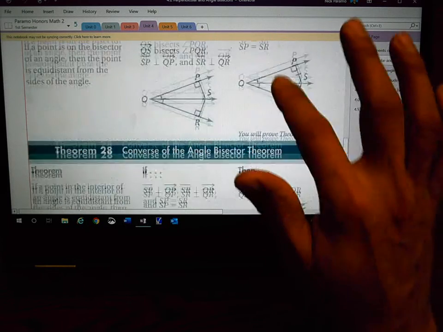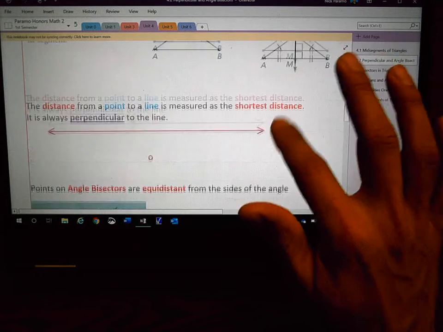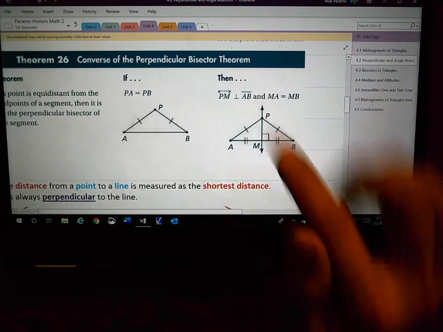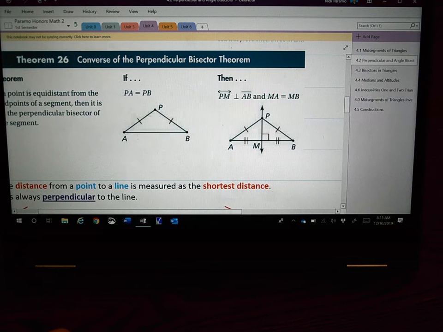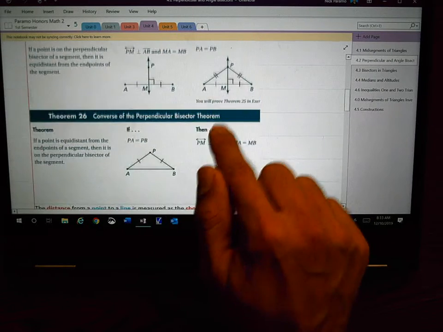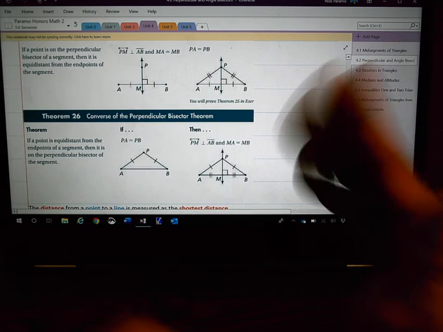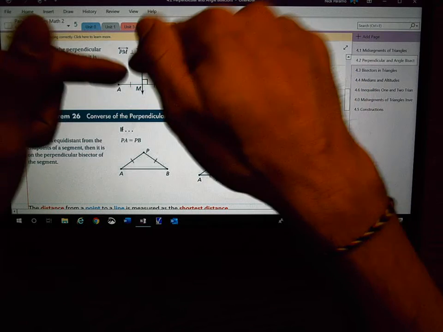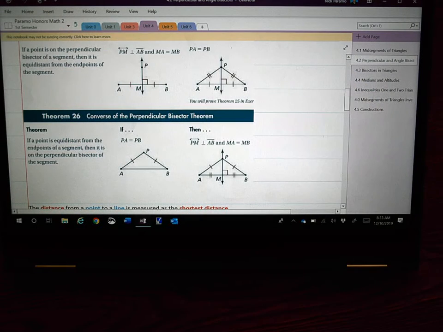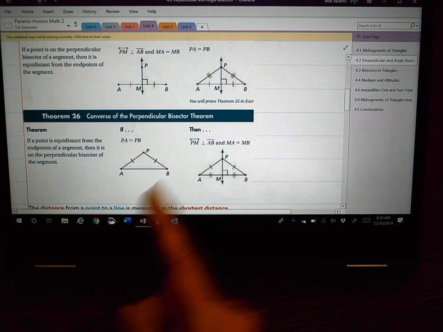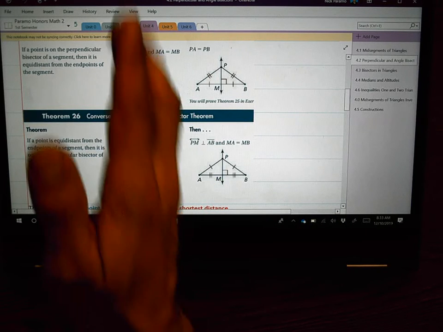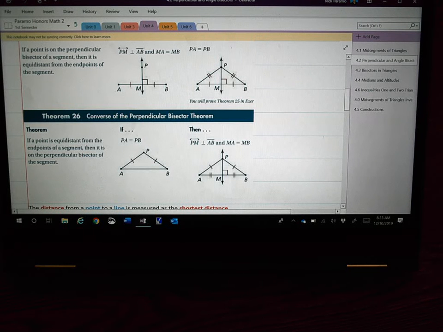I thought it was here, but it's not. The problems that we did with perpendicular bisectors were setting these two distances equal to each other, because they were equidistant on the perpendicular bisector to the endpoints. And that also let us know that if we had an isosceles triangle, the point P is on the perpendicular bisector. We had to figure that one out as well.